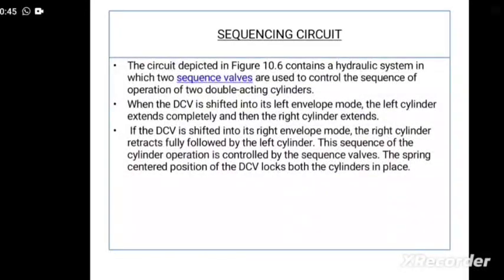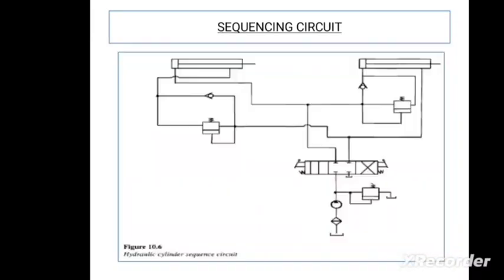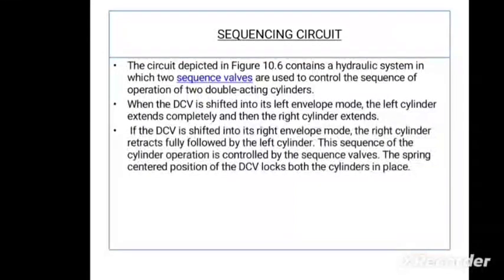So two sequence valves are used to control the sequence of operation of two double acting cylinders. When the DCV is shifted into its left envelope mode, the left cylinder extends completely and then the right cylinder extends.